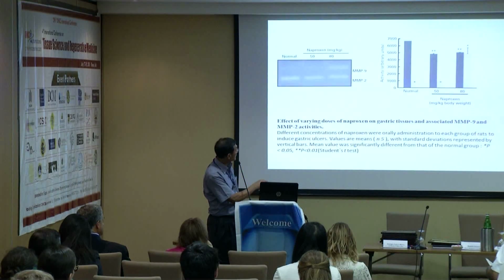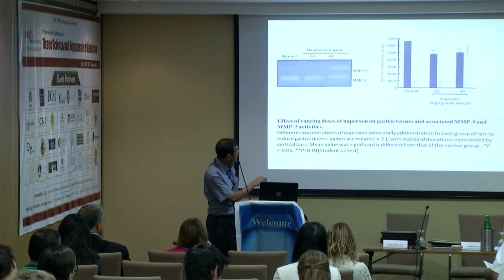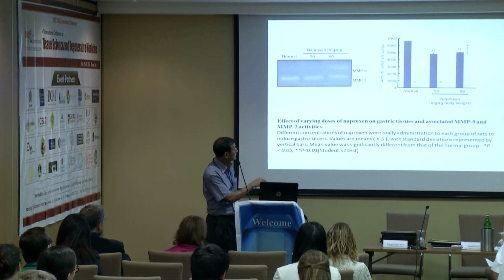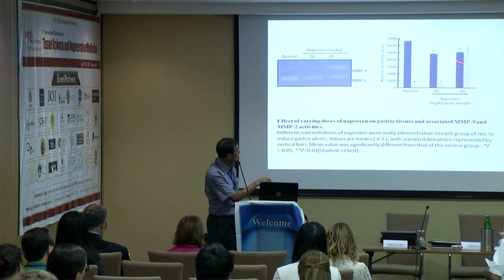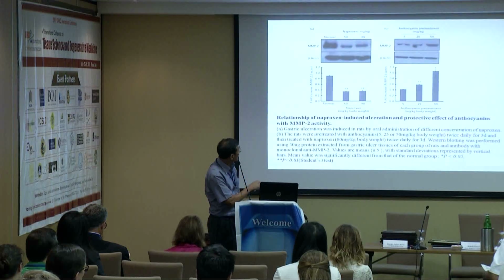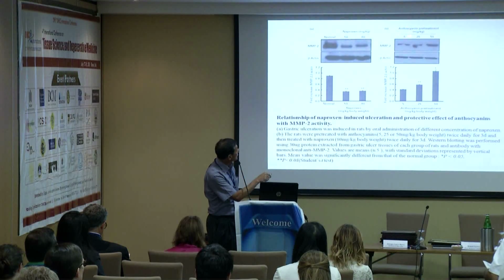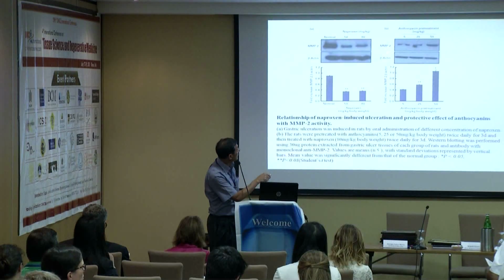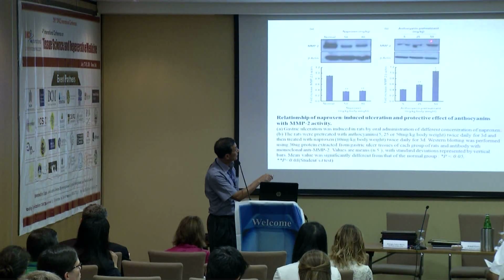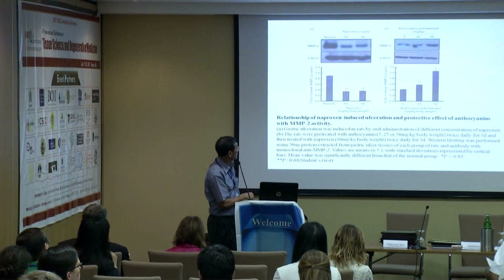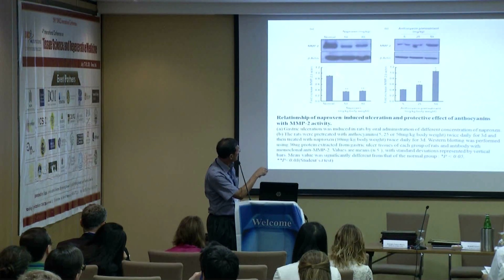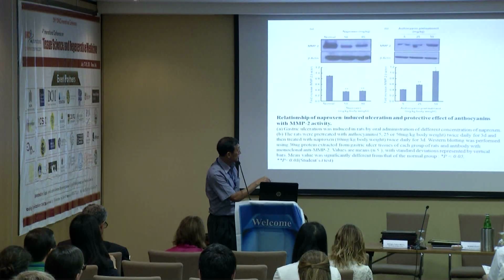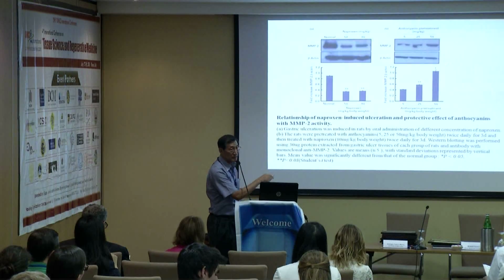So we checked MMP9 and MMP2. When we treat with naproxen, the activity decreases, and with anthocyanin treatment compared to naproxen, MMP2 increases in a dose-dependent manner. Naproxen decreases MMP2 activity, but anthocyanin increases it.